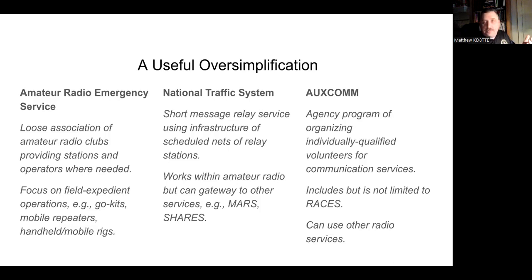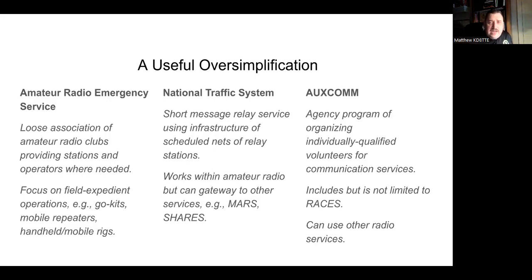We've had examples of this that go back 50 years, where MARS messages needed to get back from infantrymen overseas, and you could have that kind of stuff gateway into NTS and vice versa. Also in SHARES, we have the ability to get messages between the two. We have gateway stations that can perform that function.